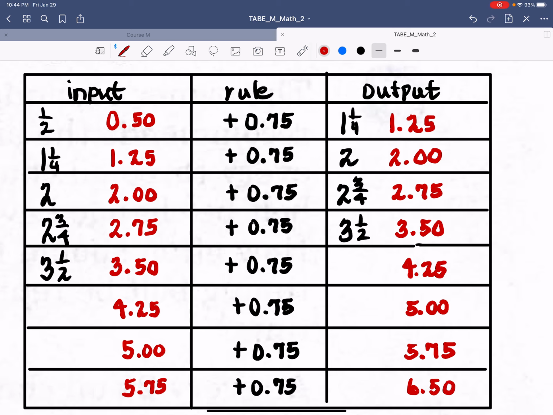So I've got my numbers. I just need to convert them back to fractions. 4.25 is 4 1/4. 5 is just 5. And then 5 3/4. If you want to convert them over here, you can. That's 4 1/4, 5, 5 3/4, and then 6.50 would be 6 1/2.